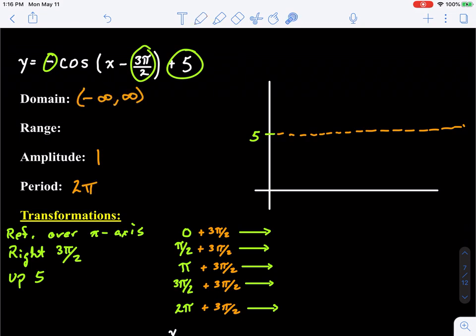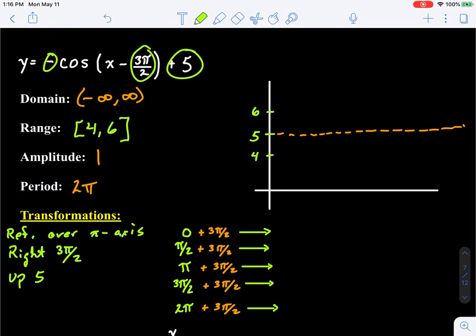Now, if 5 is our central axis and our amplitude is 1, it means we're going to be going up to 6 and down to 4. That's actually going to tell us what the range for this is. The range is going to be from 4 to 6.